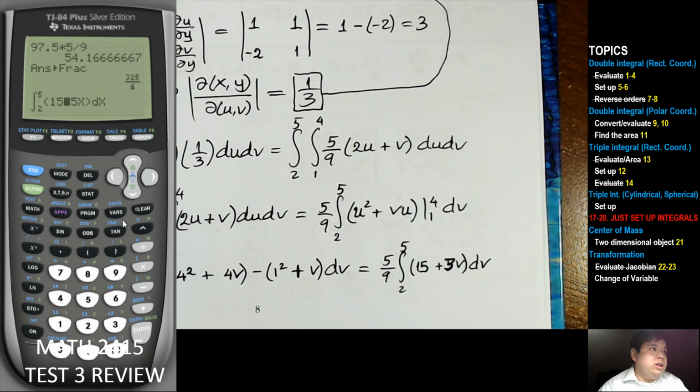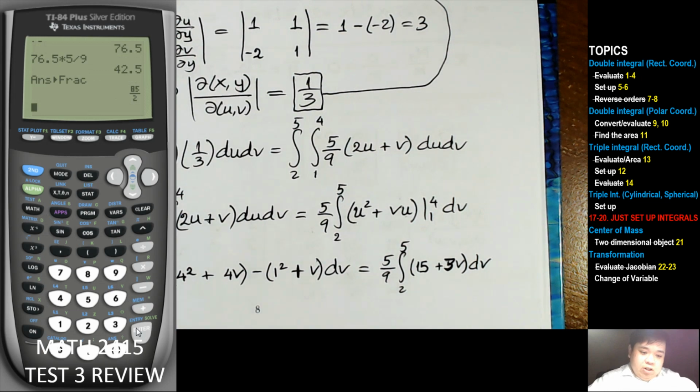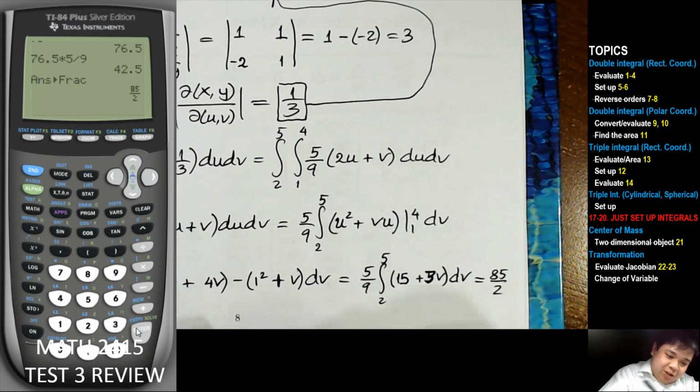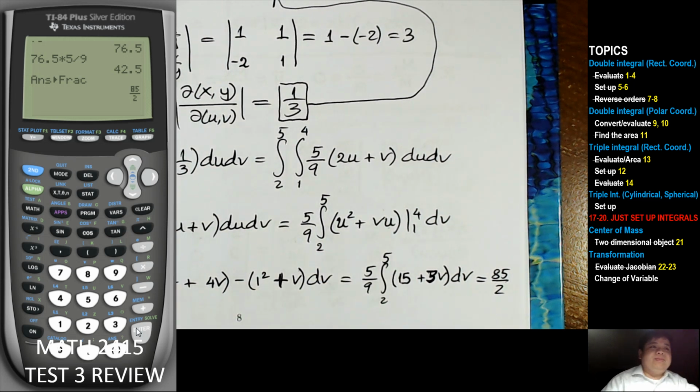Let's change that to a 3. Right, 76 over 5 times 5 divided by 9, and convert this to a fraction. Right, 85 over 2. Oh, so that's good. Yeah, sorry, this will be a plus.